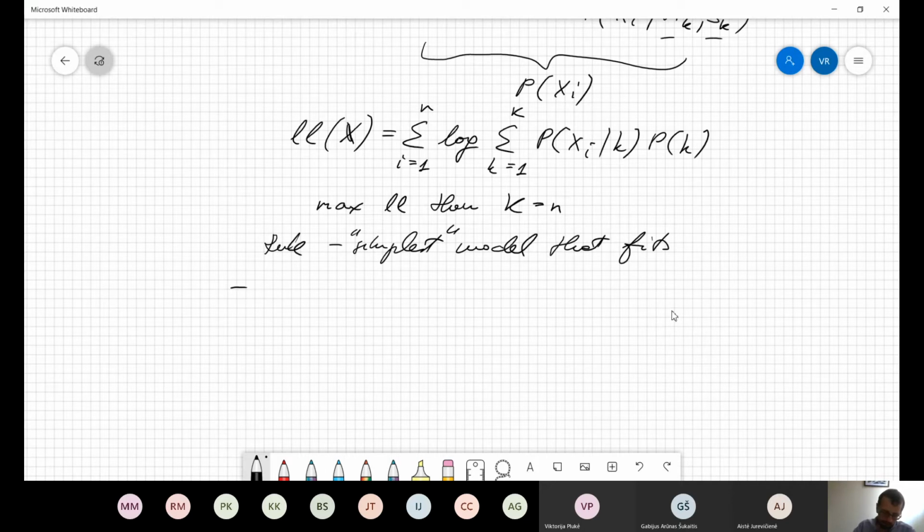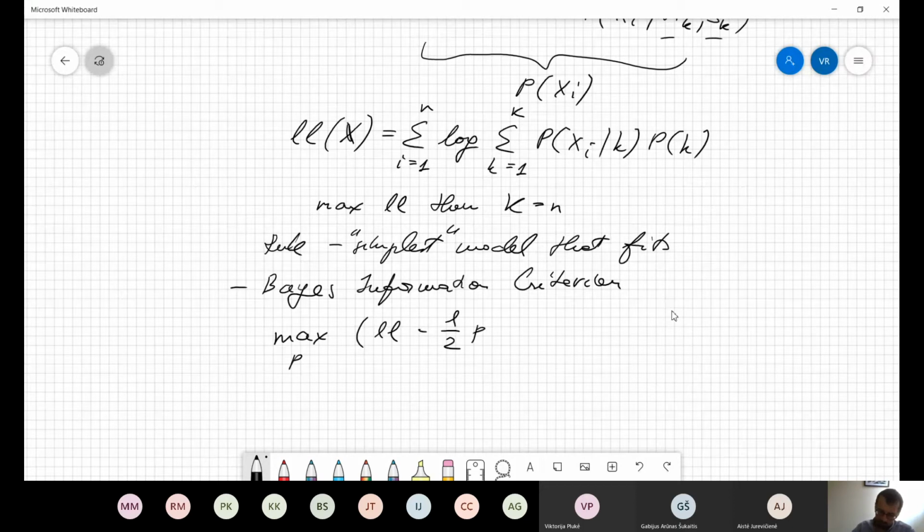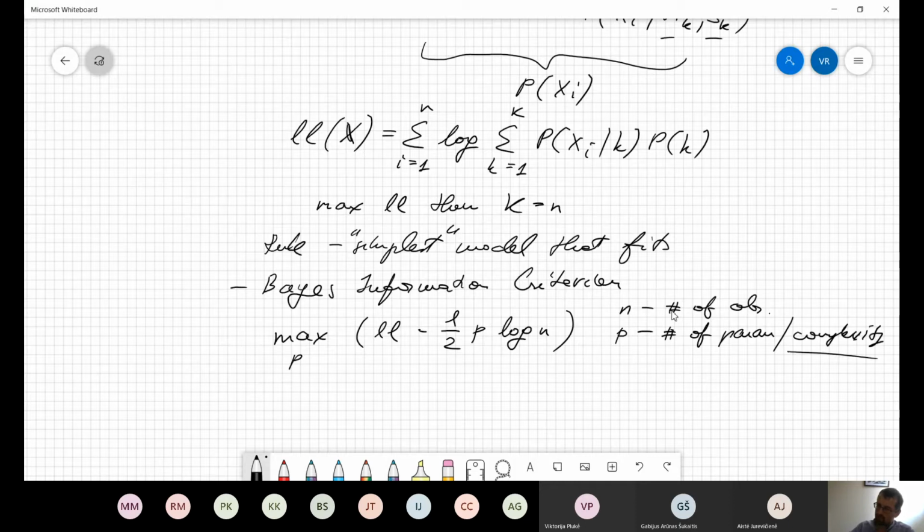One is called the Bayesian information criterion, which we maximize over P, where the formula is log likelihood minus half of P log N. N is the number of observations, and P is the number of parameters, or the complexity of our model.